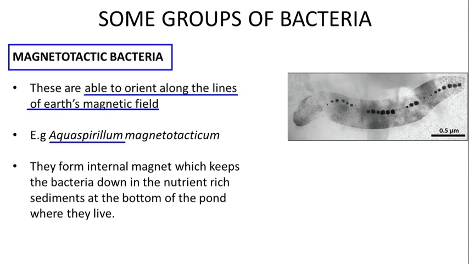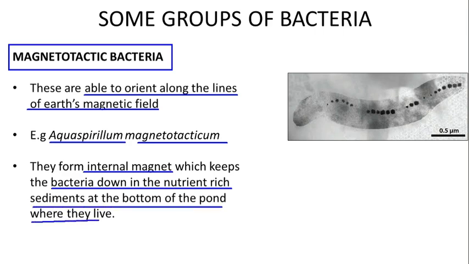Example, Aquaspirillum magnetotacticum. There is an internal magnet by which the bacteria can move down in the nutrient-rich sediments at the bottom of the pond where they live. These bacteria have a certain kind of protein that orients along the magnetic field of Earth.